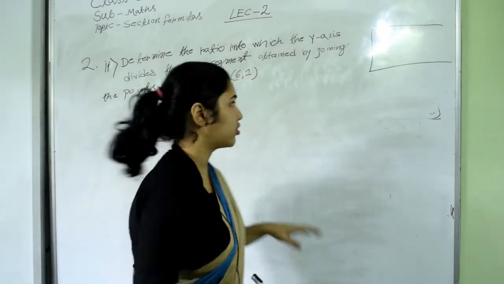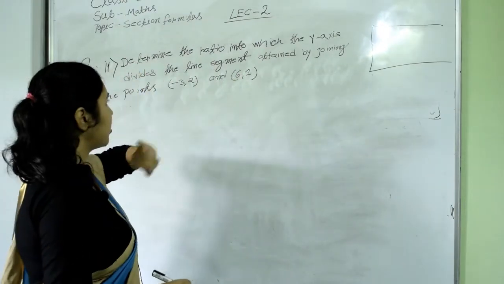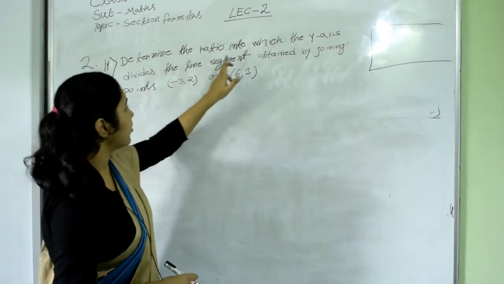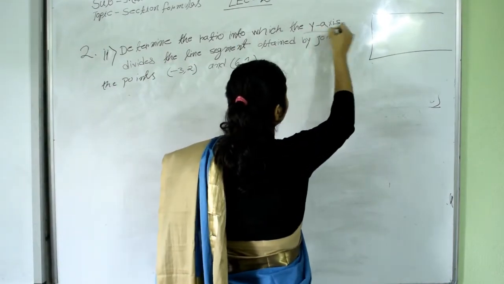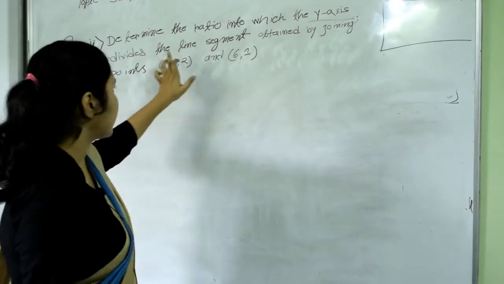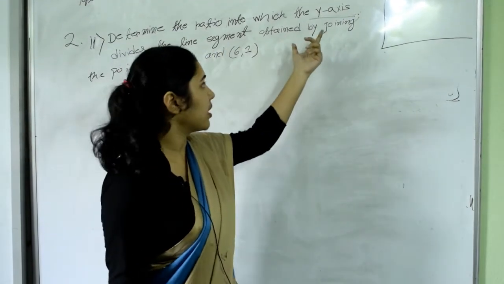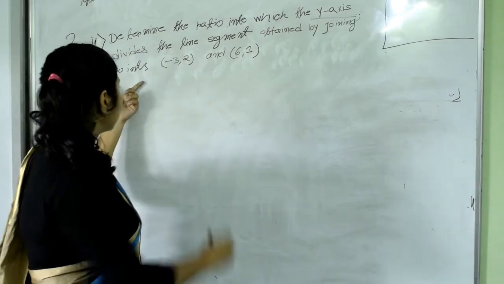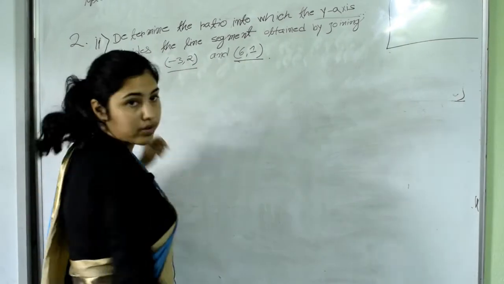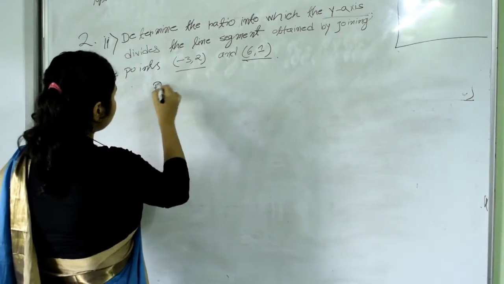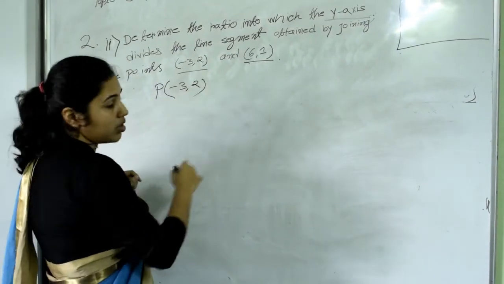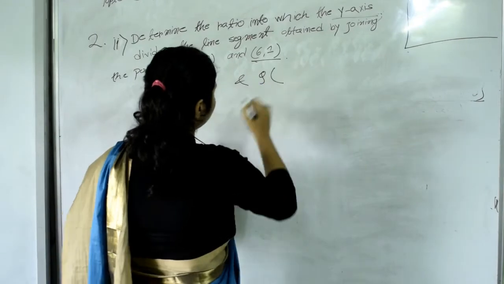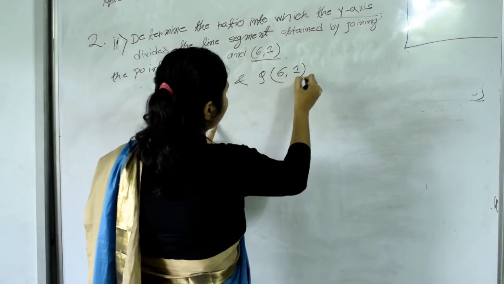Now our next question, question number 2. Here we have to determine the ratio into which the y-axis divides the line segment obtained by joining these two points. Okay, so here suppose the coordinate of the point P is (minus 3, 2) and the coordinate of Q is (6, 1).